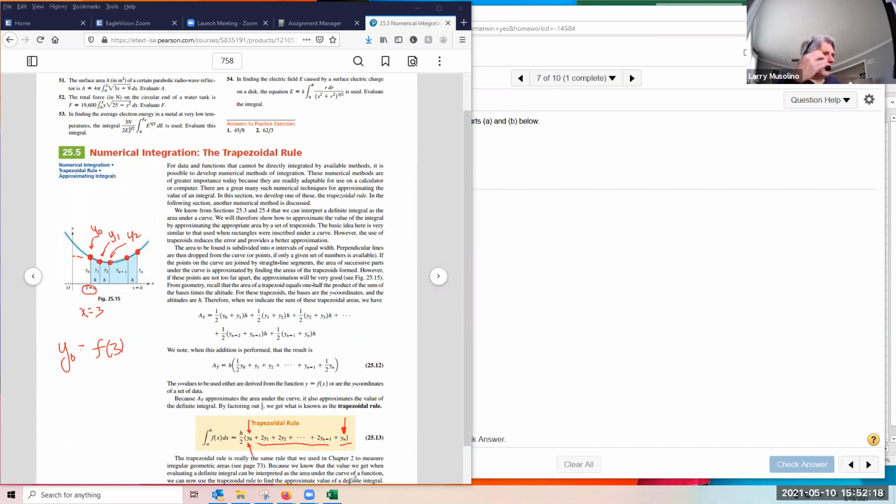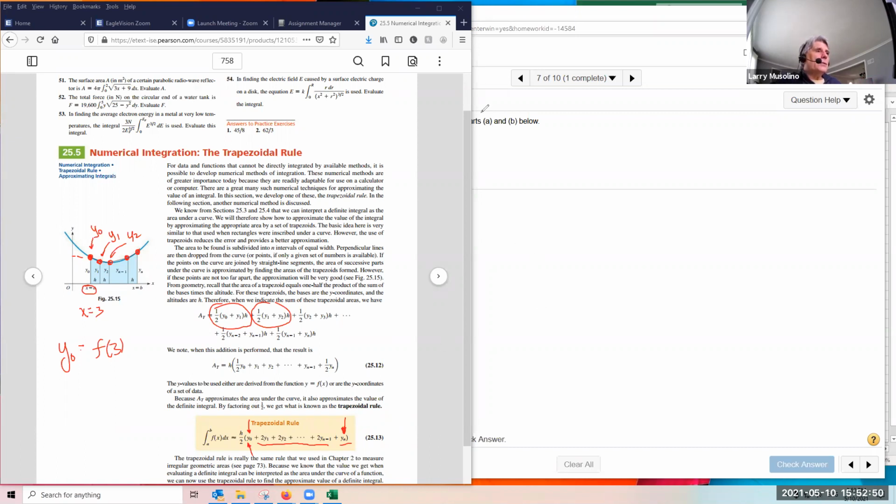You might say, why did they get multiplied by 2? Well, if you were to find the area of each trapezoid, that's what they're doing here. You'll see that the interior y's, like y sub 1, y sub 2, and so on, end up getting added together twice, which is why you see that multiplier by 2. Okay, so anyway, let's do an example to see the setup.